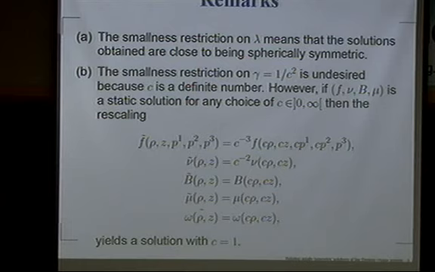In this case, since we apply the implicit function theorem, gamma can be very, very small. However, if you have a solution to the Einstein-Vlasov system, then there is a rescaling of the following type. This means that having such a solution, you can actually obtain a solution with c being a definite number. If you have normalized things, it should be 1.